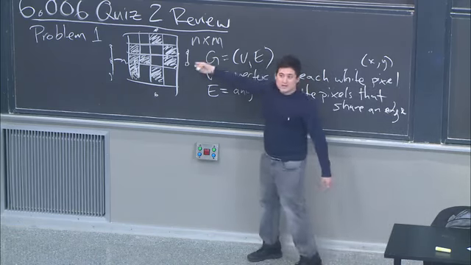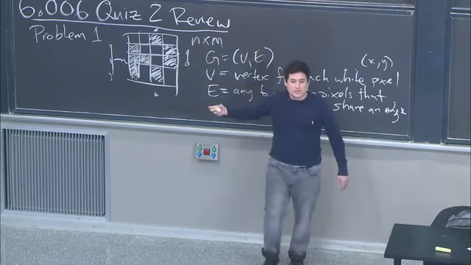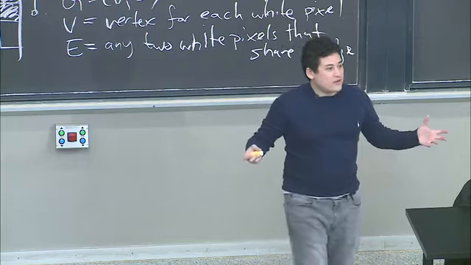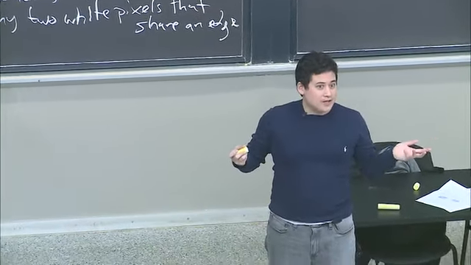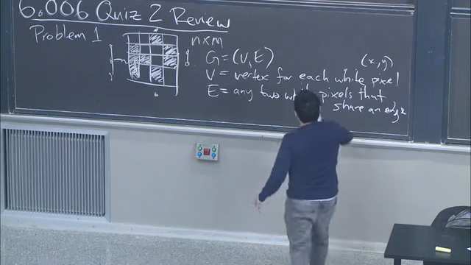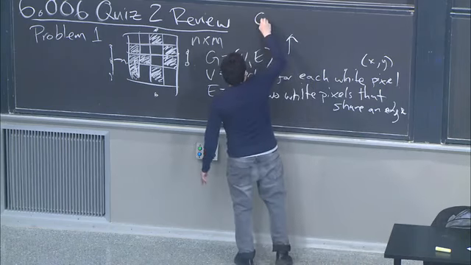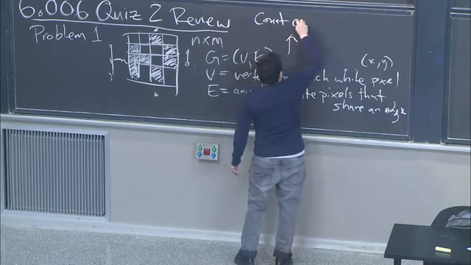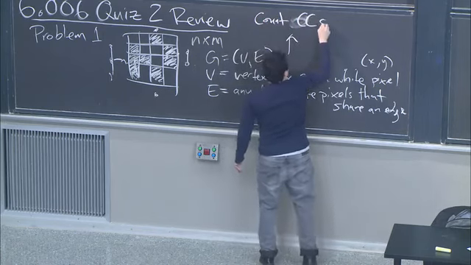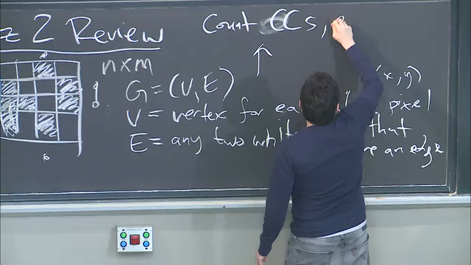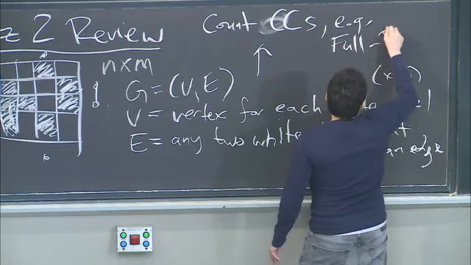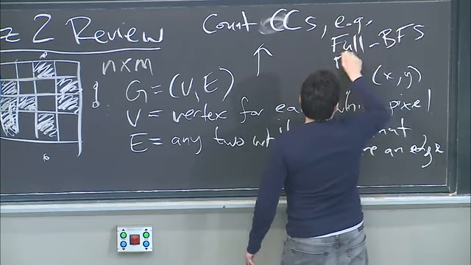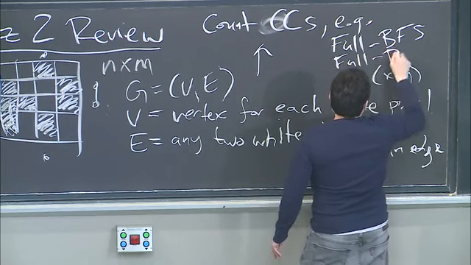And then we can run full BFS or full DFS. We've identified a graph. We've identified that we want to count the number of connected components in my graph. So the idea is to count connected components, for example, using full BFS or full DFS, right?